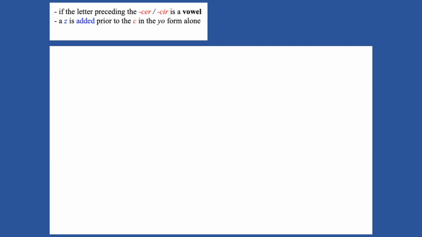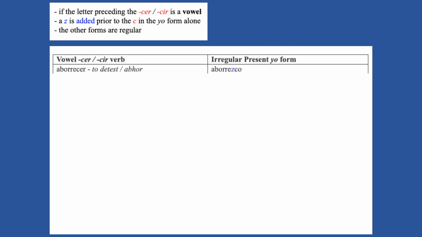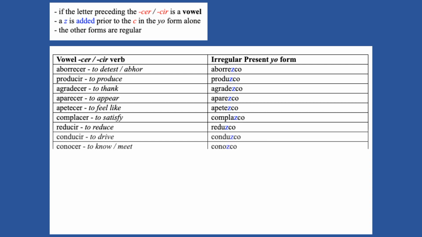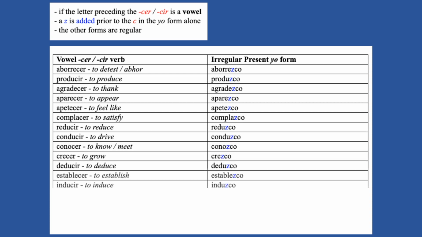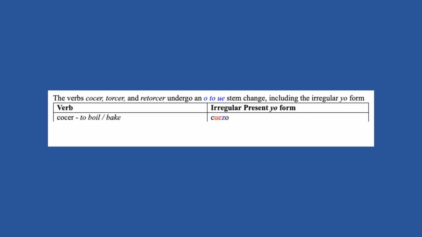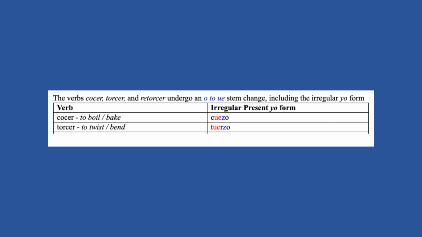If the letter preceding the ending is a vowel, then a Z is added prior to the C in the first person singular form, but the other forms remain regular. The verbs coser, torcer, and retorcer are O to UE stem change verbs, and this also applies to their irregular yo form.